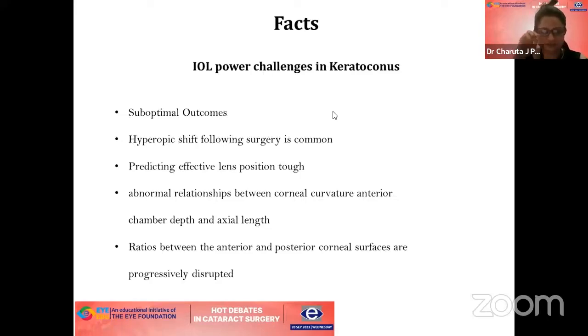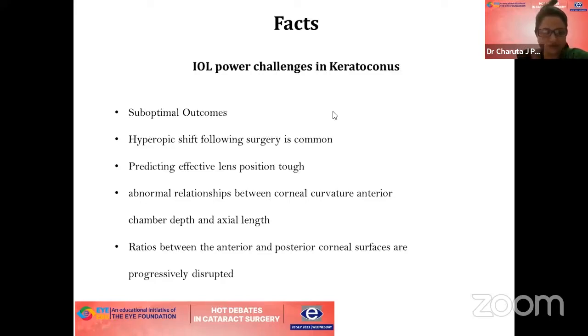And we have a myriad of challenges which we face while selecting a suitable lens. Standard IOL calculation formulas predict effective lens position based on the parameters of a normal eye, whereas that cannot happen in these cases because of the abnormal relationship between the anterior and posterior corneal curvature and the varied anterior chamber depth and axial length.